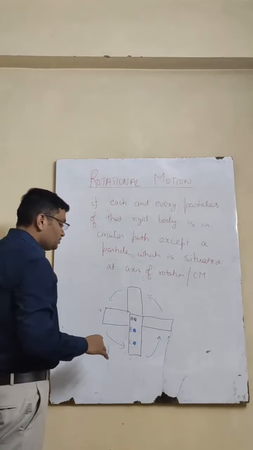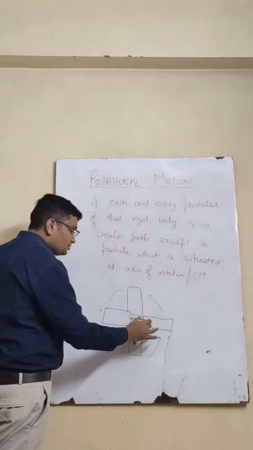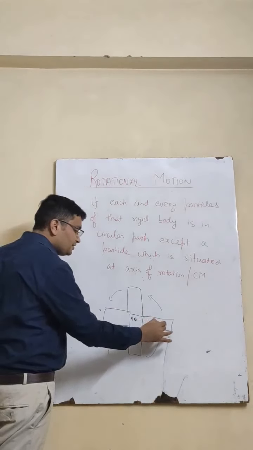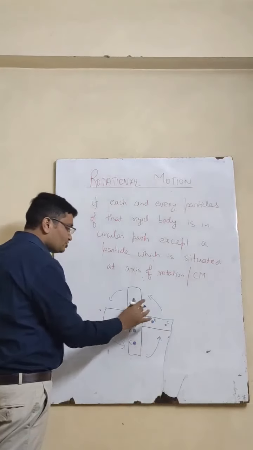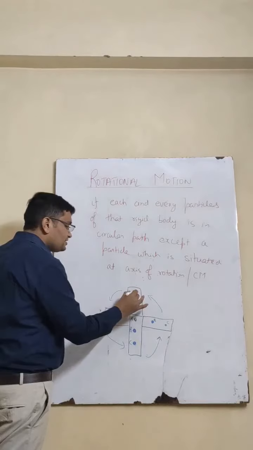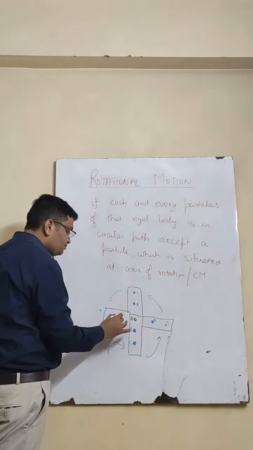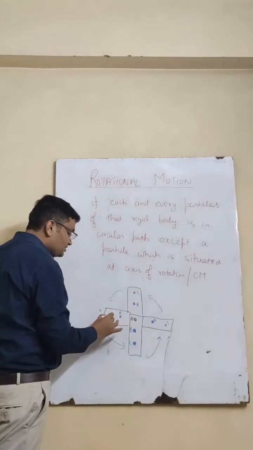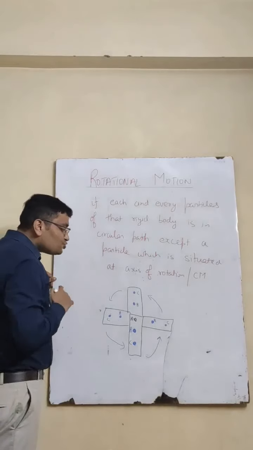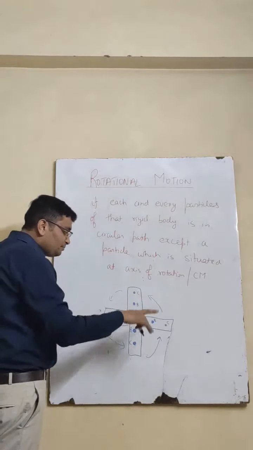Now, this particle B moves here and the particle C will be here when the body is at this position. Again, B will be here and C will be here when the body is at this position. Now let's join the path followed by the particle B.